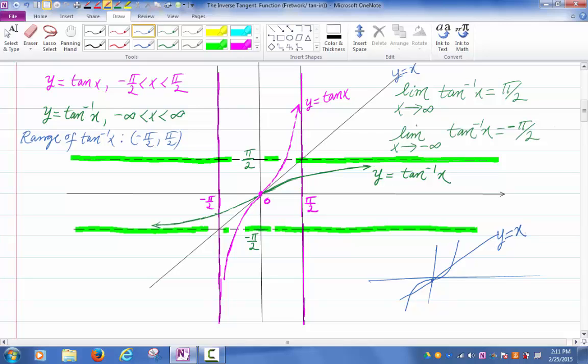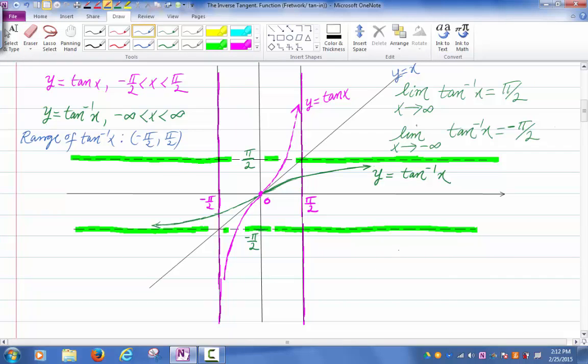How do I know that as x goes to infinity, tangent inverse of x is approaching pi over 2? How did I know that?